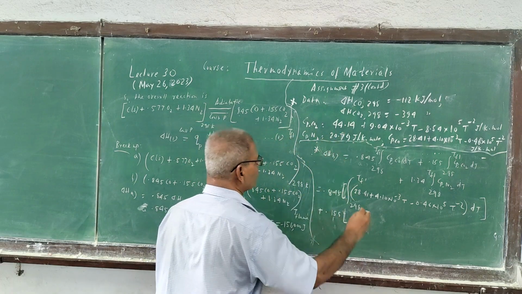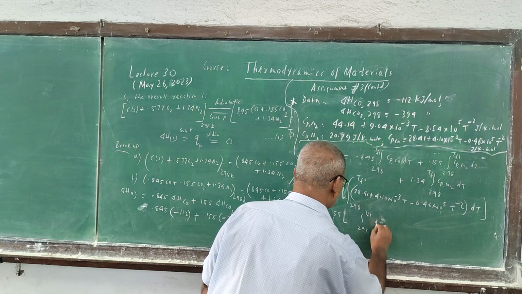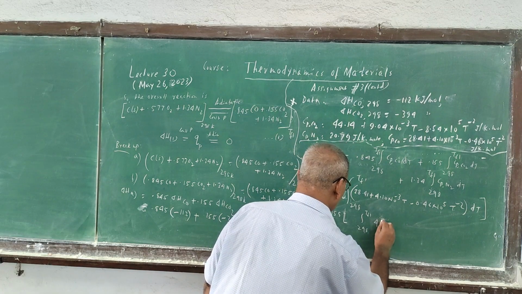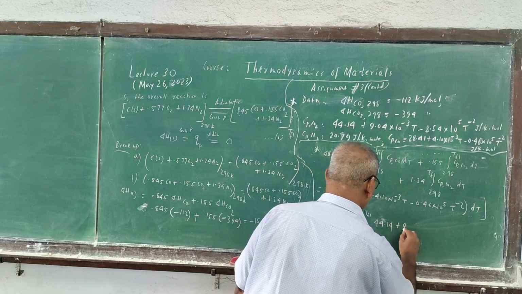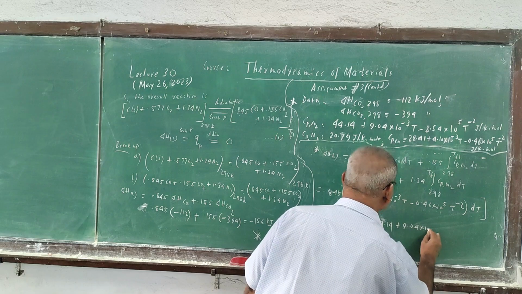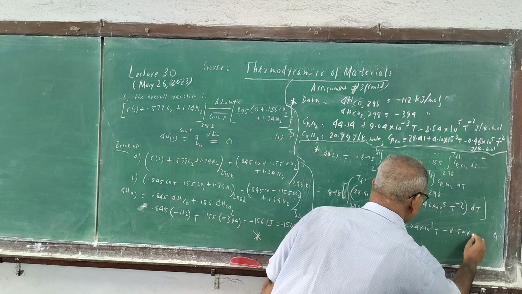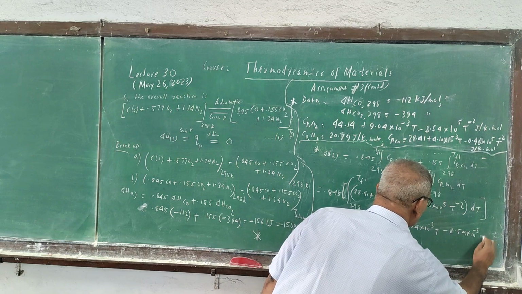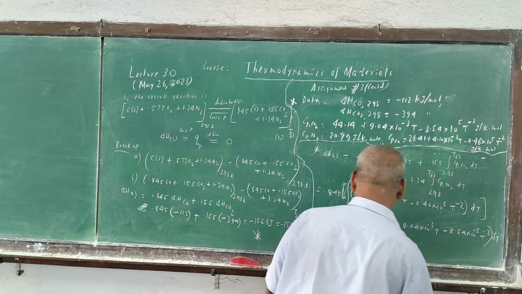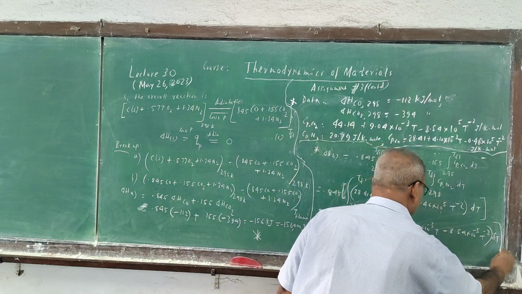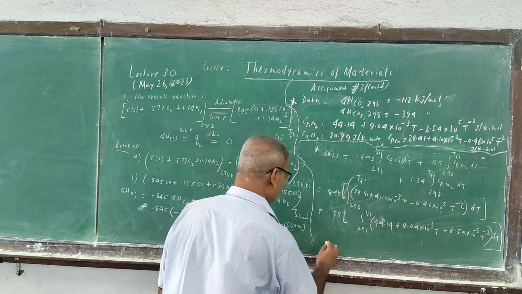Read it: 44.14 plus 9.04 times 10 to the power minus 3 T minus 8.54 times 10 to the power 5 T to the power minus 2, in brackets, with dT and the integration.